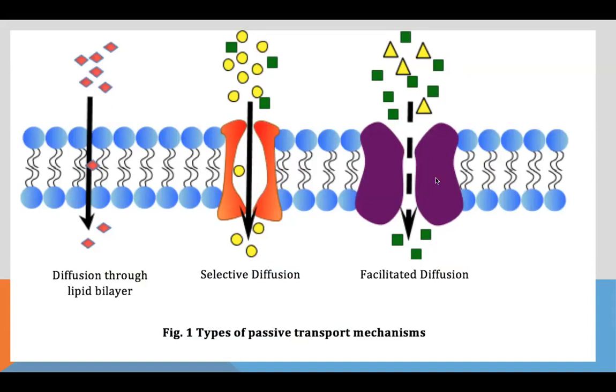So there are different types of tunnels you can put in there. You can see there's selective diffusion where only certain types of molecules are allowed in, or facilitated diffusion where it just opens up and whatever comes in. Don't worry about different types of diffusion for now. I chose this image because it was the best one I could find of the protein channels.